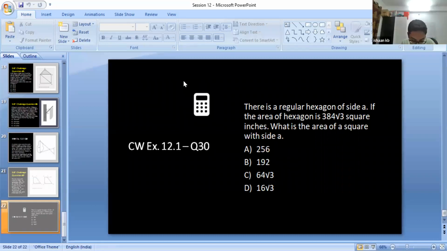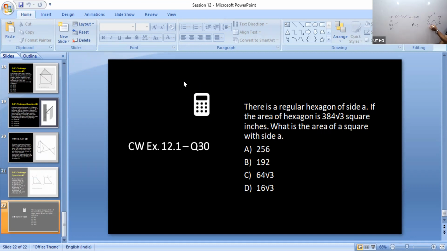Sir, I think it is C. You're saying C, it's wrong actually. A is the correct answer, 256. I'm not sure, I didn't get the whole idea of this. Okay, clear. So actually, it's a regular hexagon, so the complete angle should be 120.